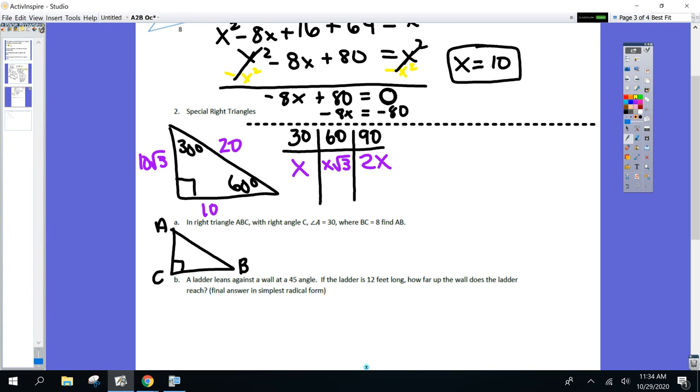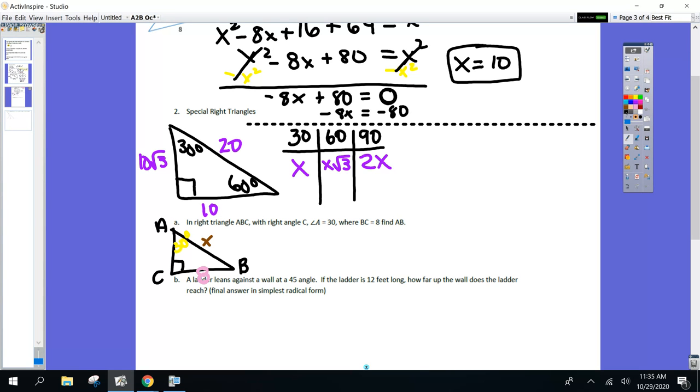Angle A is 30, so inside angle A right here, everyone, make sure you put 30 degrees. BC is 8. And find AB. So we need to find the length of AB.